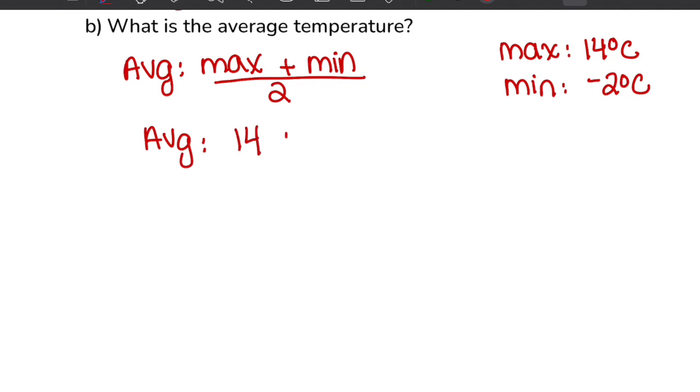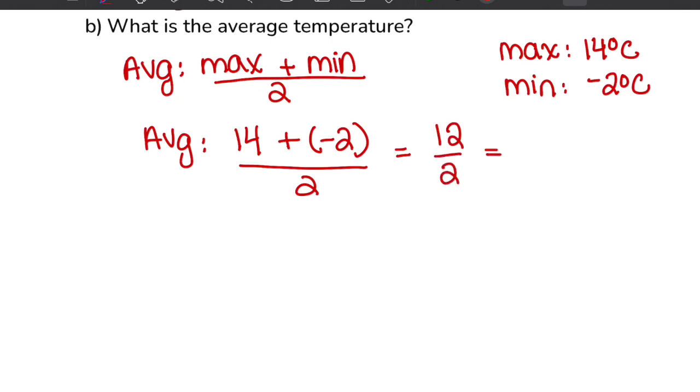Maximum is 14, minimum is -2, and then we divide by 2. So 14 plus -2, you can use your calculator, is 12, and then we divide by 2. So this means 12 divided by 2, that is 6. So our average temperature is positive 6 degrees Celsius.